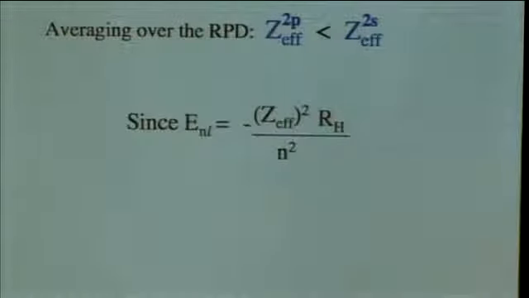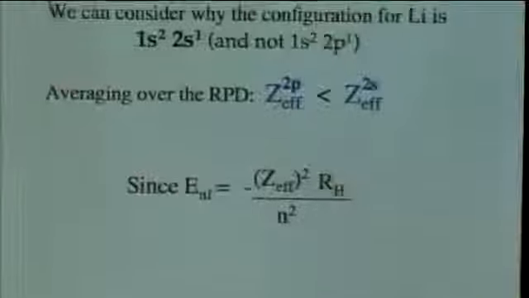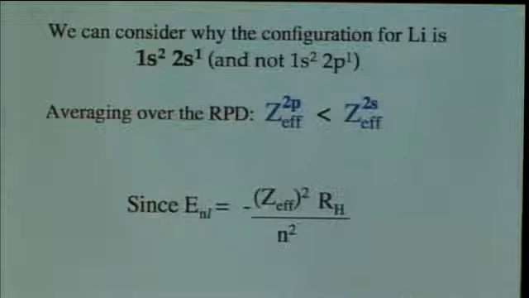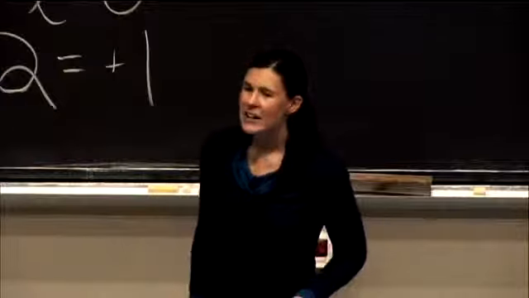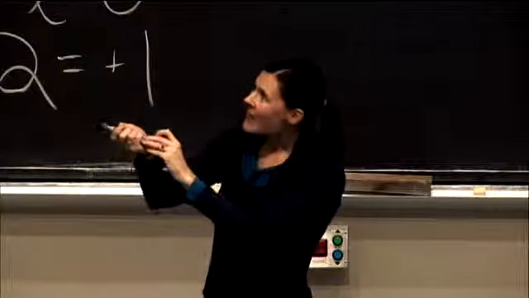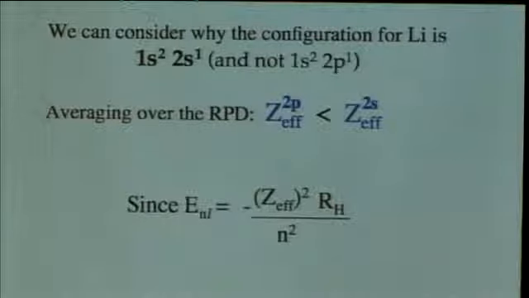So we know that we can relate Z effective to the actual energy level of each of those orbitals, and we can do that using this equation here, where it's negative Z effective squared R_H over n squared. We're going to see that again and again. If we have, for 2s, a larger Z effective than for 2p, and we plug in a large value here in the numerator, that means we're going to end up with a very large negative number.